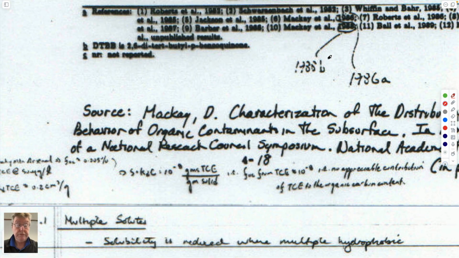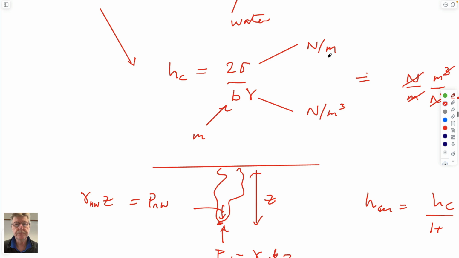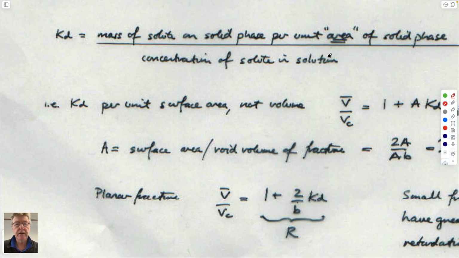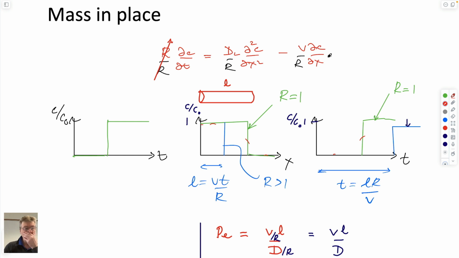The other thing that I didn't mention was that we can write the advection diffusion equation for one component, I guess we could call it lowercase i.